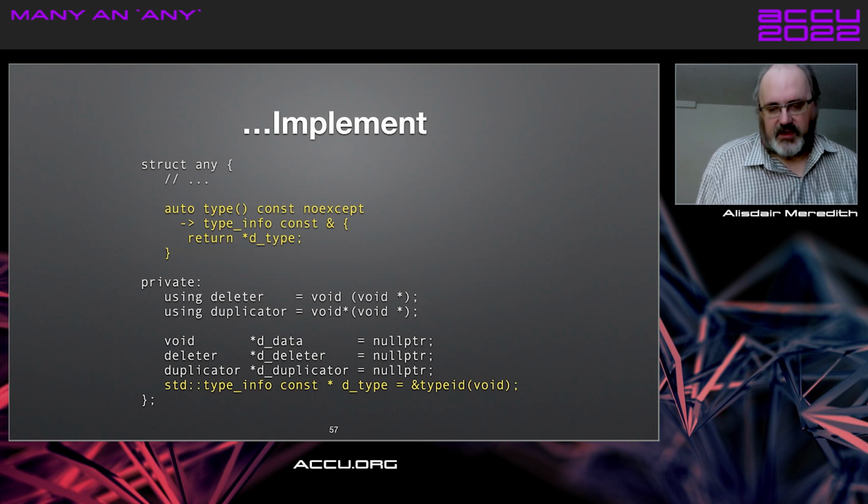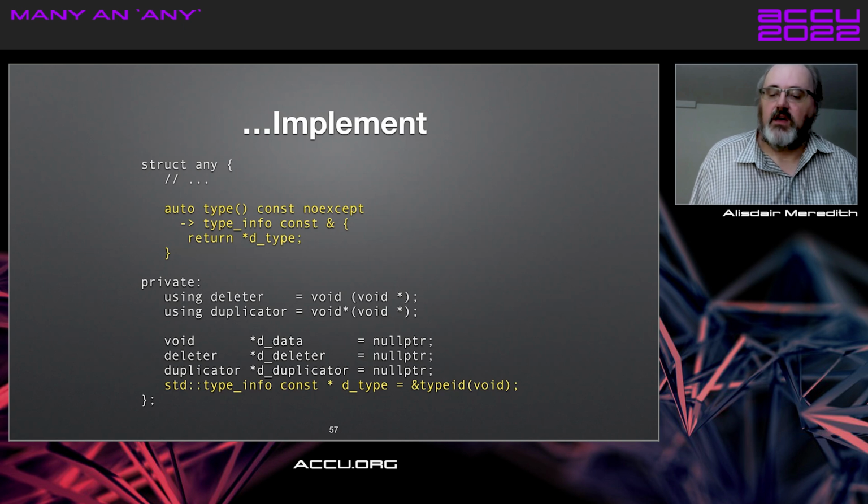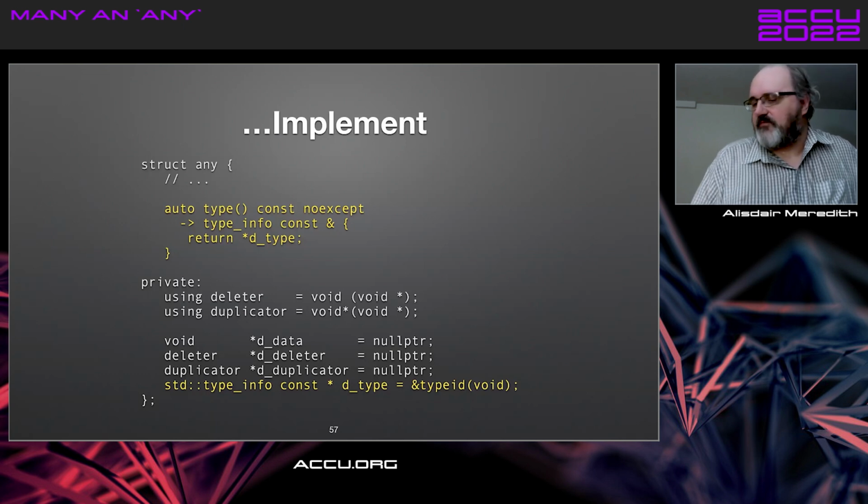So we're storing a pointer, which means it might be null, but given that we never want it to be null, we're going to default it, in our default member initializers, to the address that I get from type ID void.